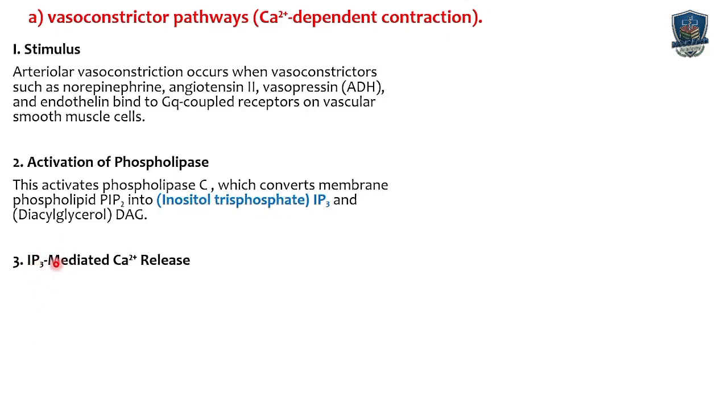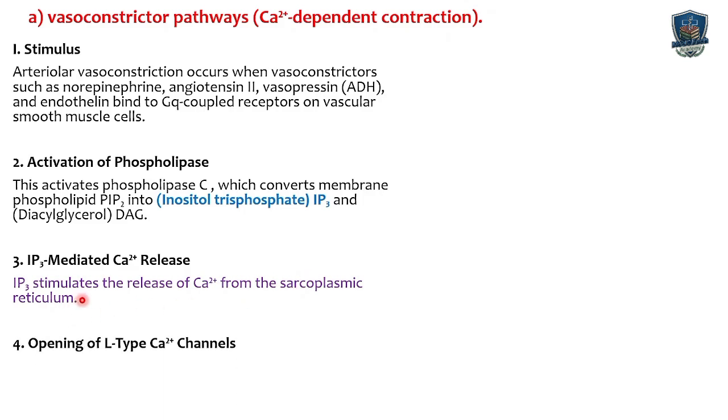IP3 will mediate calcium release through various mechanisms. The first one is it will stimulate the release of calcium from the sarcoplasmic reticulum. And when that happens, remember, there will be an increase in positive charge. Automatically, there will be a depolarization, and membrane depolarization opens the voltage-gated L-type calcium channels.